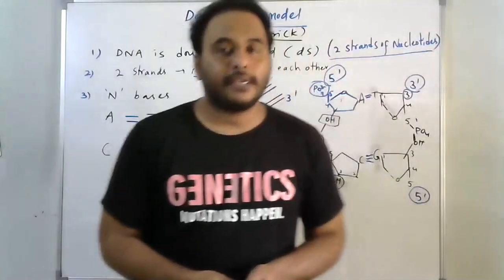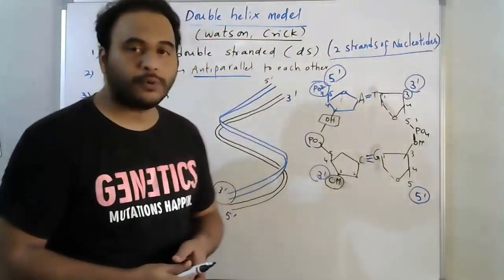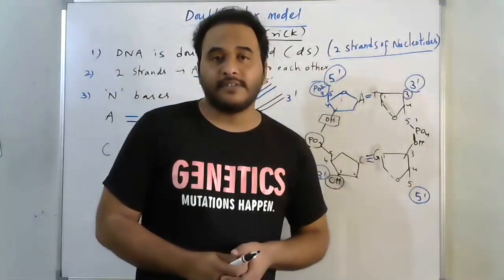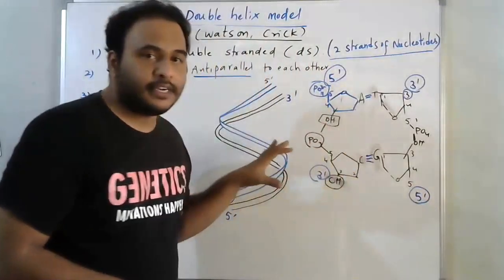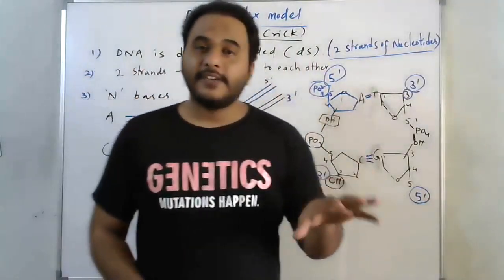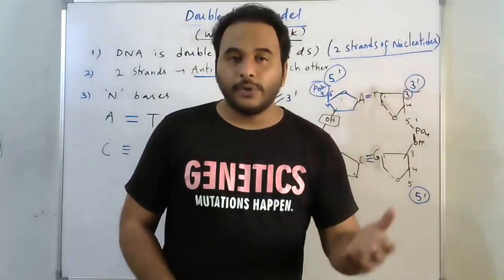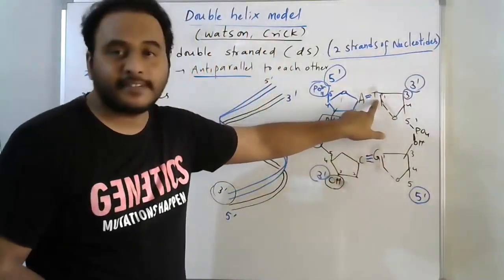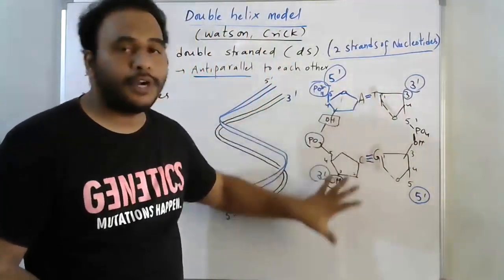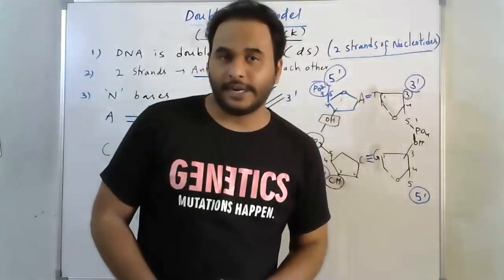As I said in my previous video, there are 3 types of pyrimidines. Uracil is not present in DNA, and uracil replaces thymine in RNA. So thymine is unique for DNA, uracil is unique for RNA.